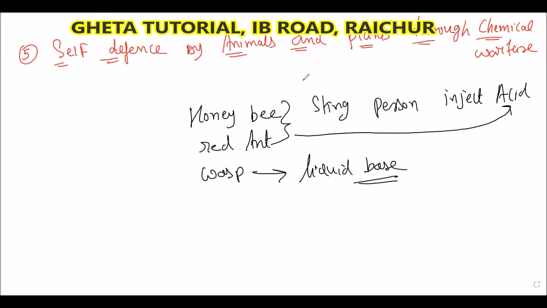So what do we have to do when the honeybee injects the acid? How can you get relief from the pain? We have to apply a base, like baking soda, on the stung area so that you get relief.